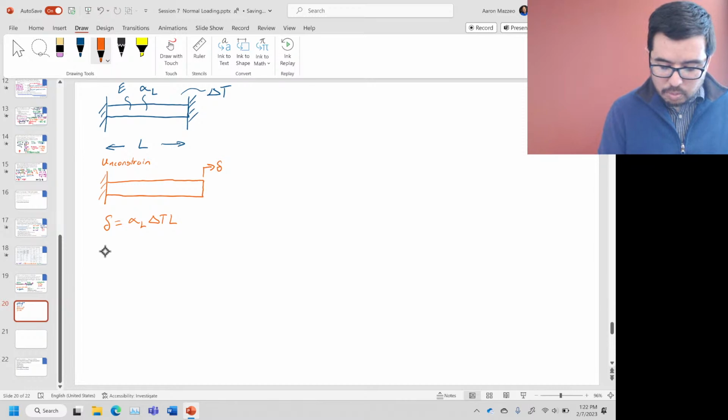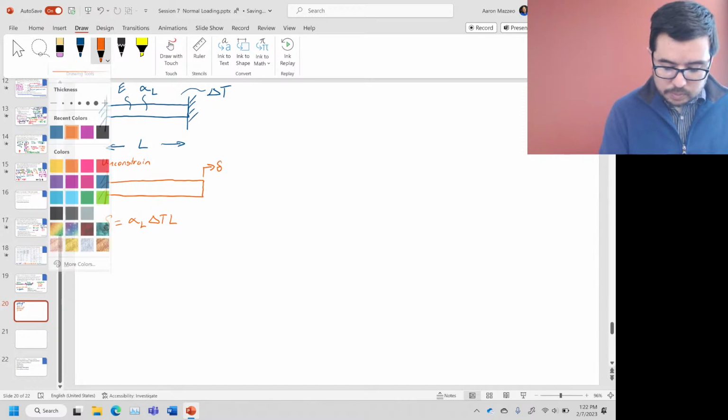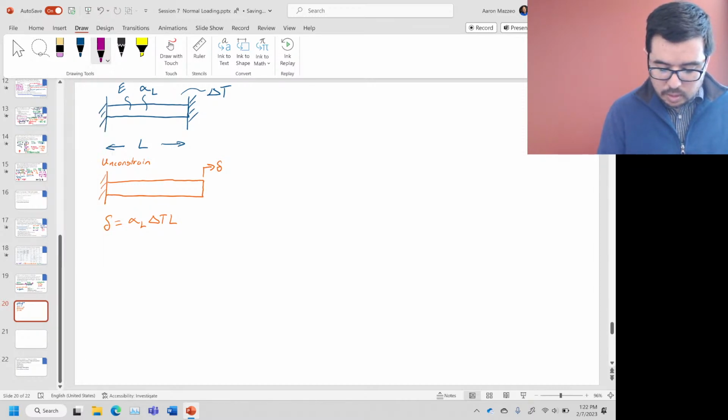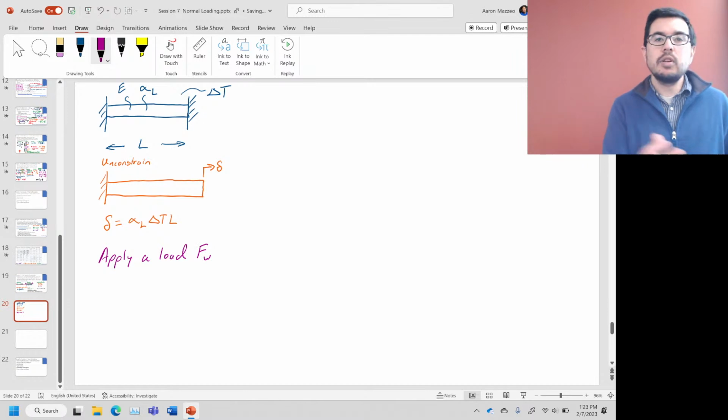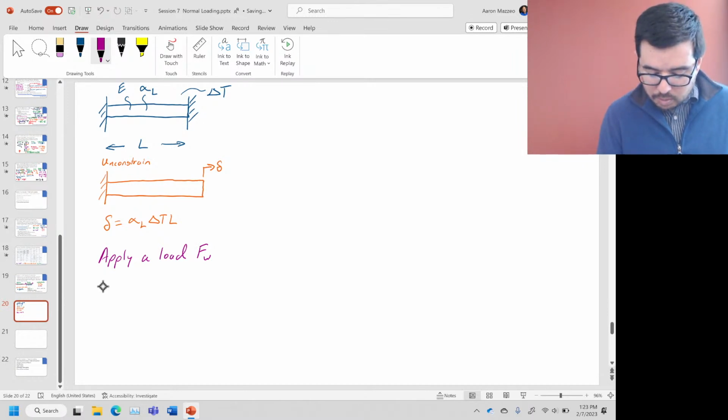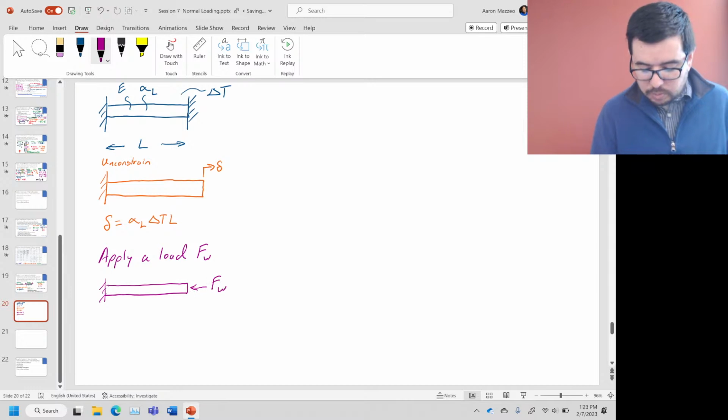We're going to apply a load from the wall to get it to go back. So I'm going to say you're able to go, but not really, because I'm going to apply a wall force to the end.